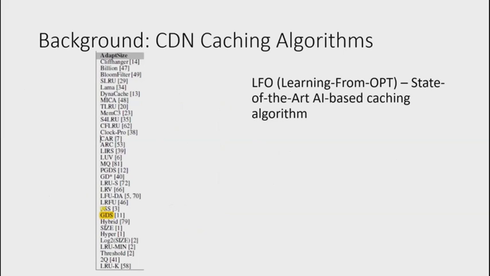There are many cache algorithms for content delivery networks. Among them, LFO, Learning-From-OPT, is one of the state-of-the-art AI-based caching algorithms.